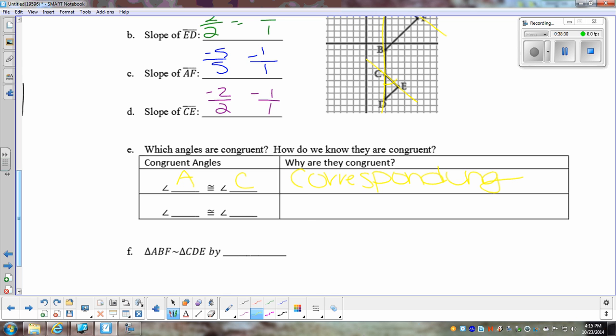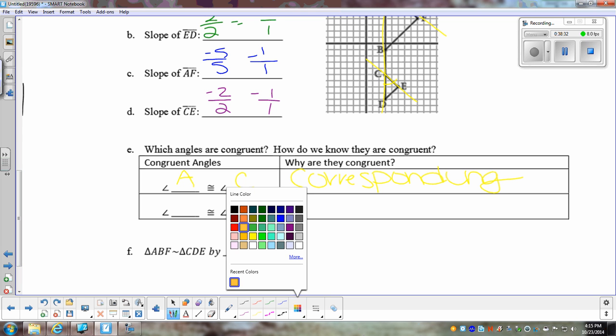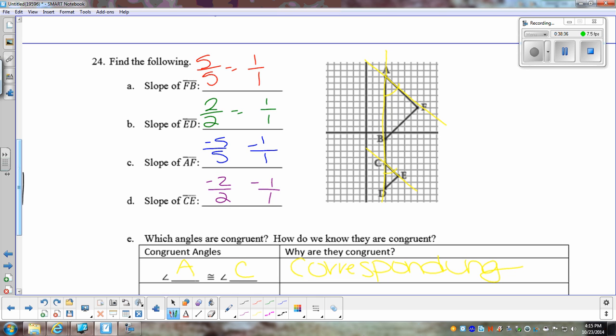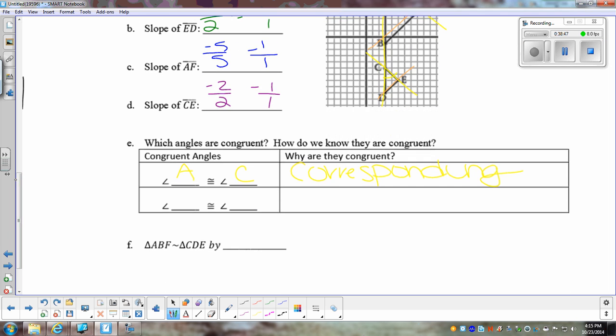I also can use corresponding because I know that FB and DE are congruent or parallel. So for the same reason, I could also say that angle D is congruent to angle B because they're corresponding.